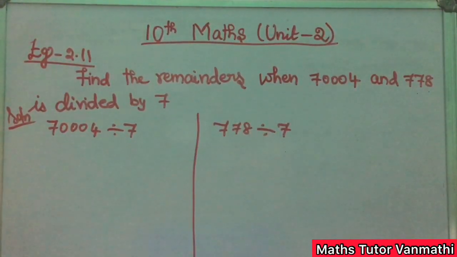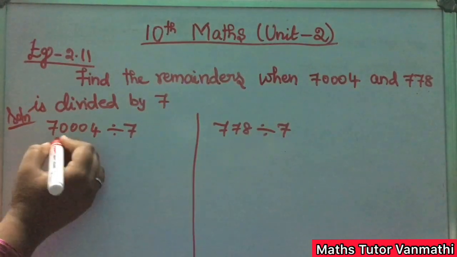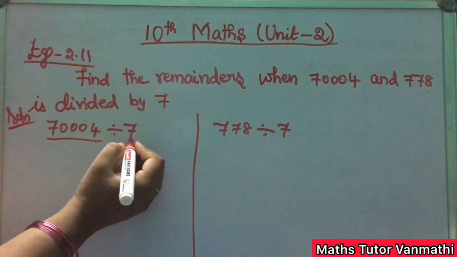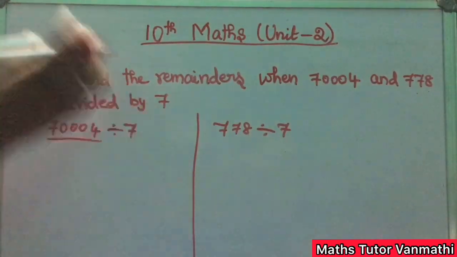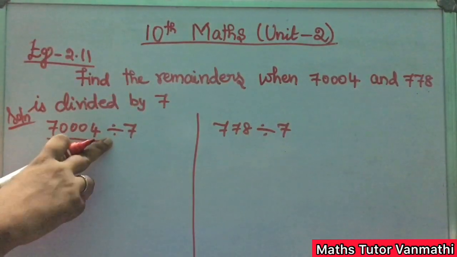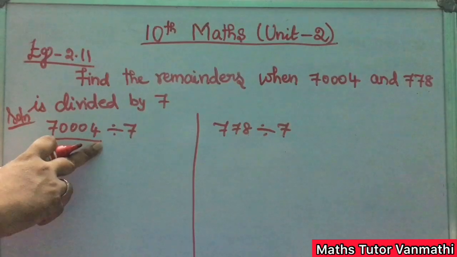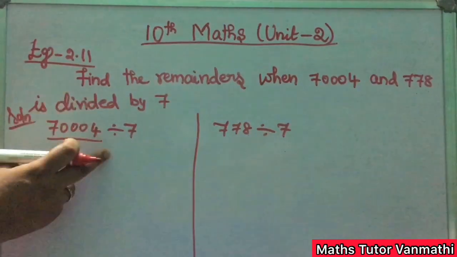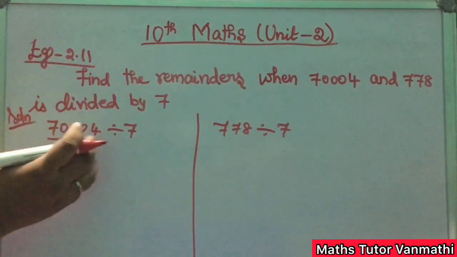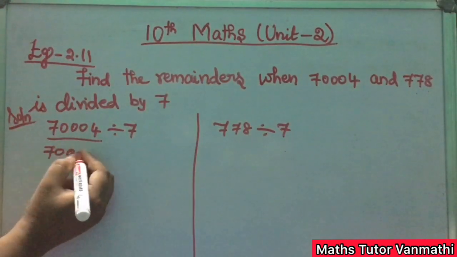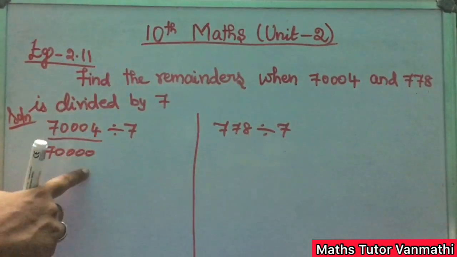You have to check the multiple of 7, that is, which number can be divisible by 7. Here 70,004 cannot be divisible by 7. Next, we have to check the nearest number to this number. Nearest to this is 70,000.